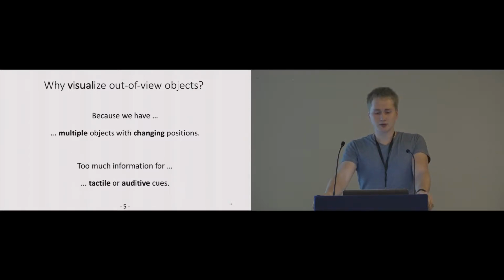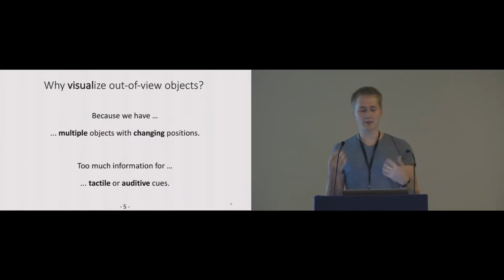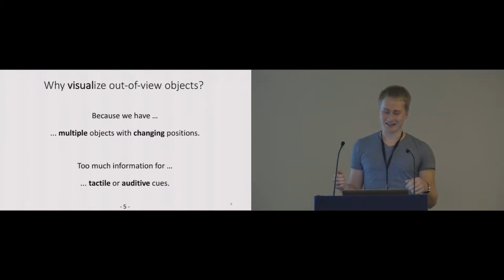If you want to do it with multiple changing objects, it's quite hard to encode that in tactile or auditive feedback. You would end up in fatigue, or everything is vibrating. And this is not what we want to do here. So therefore, I was thinking of staying with the visualization of these out-of-view objects.